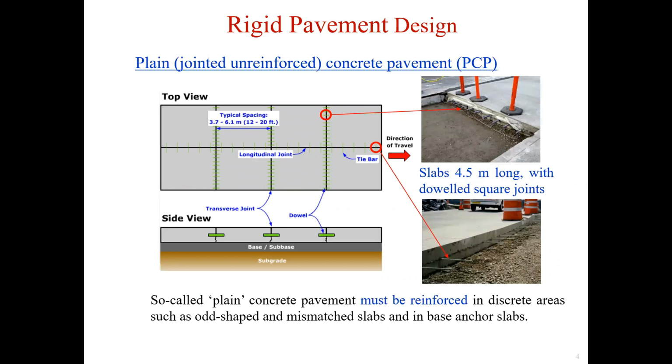As shown in the graphs are the top view and side view of the plain, jointed and reinforced concrete pavement, PCP. In plain concrete pavement, reinforcement is sometimes necessary to control cracking. The slabs are normally 4.5 meters long with doweled square joints.